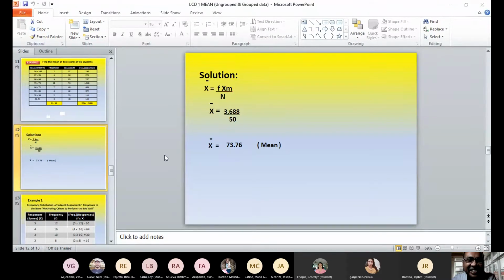Siguro lahat tayo nag-apply na nito. In your work, when talking about score, exam, ina-apply na natin 'yan.